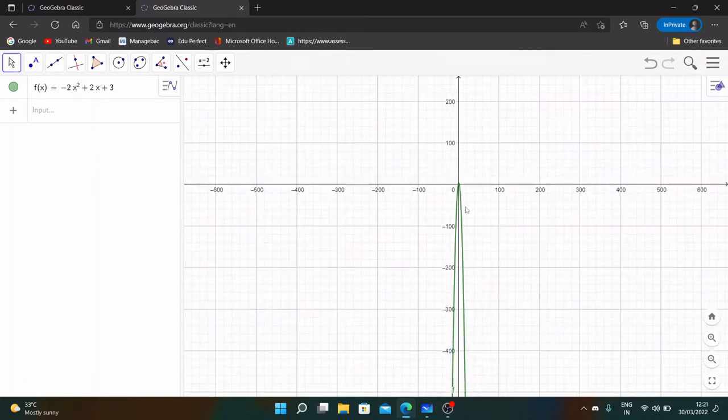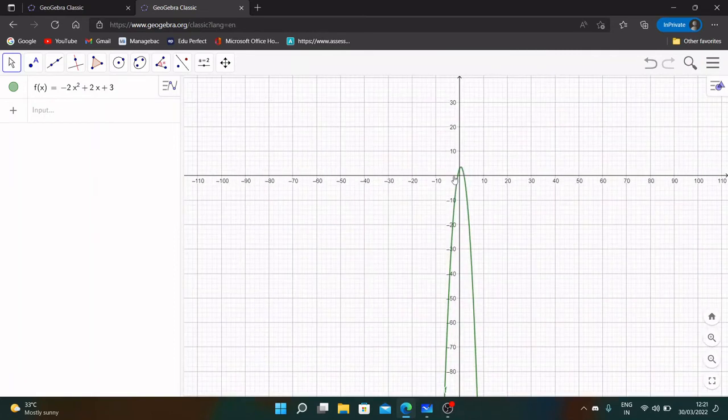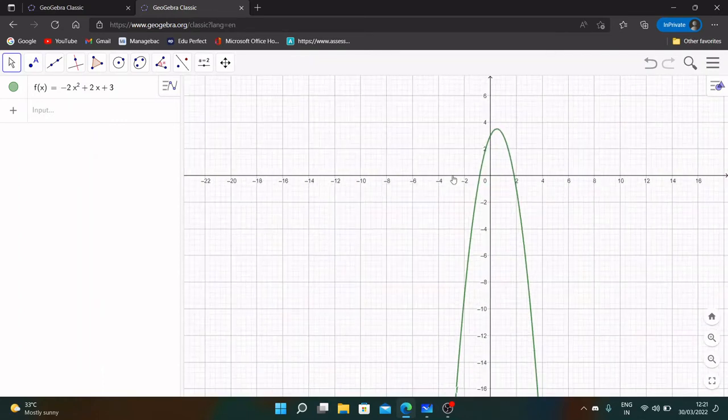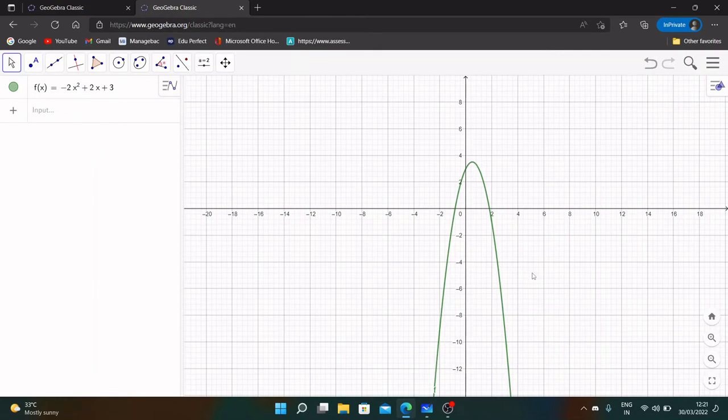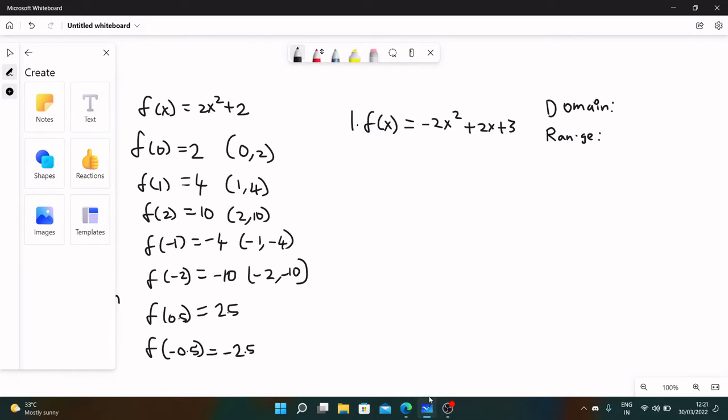It doesn't. A parabola has an infinite number of x values. All x values can be in a parabola. All possible x values, all real numbers. So our domain will be x belongs to R, real numbers.